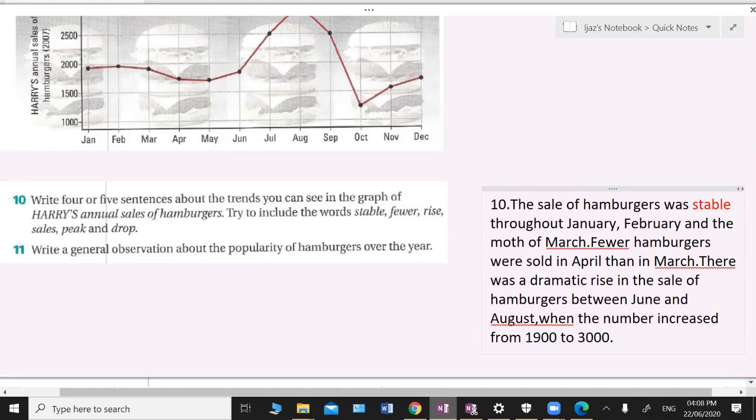So here we have used almost all the words which we were asked to use.